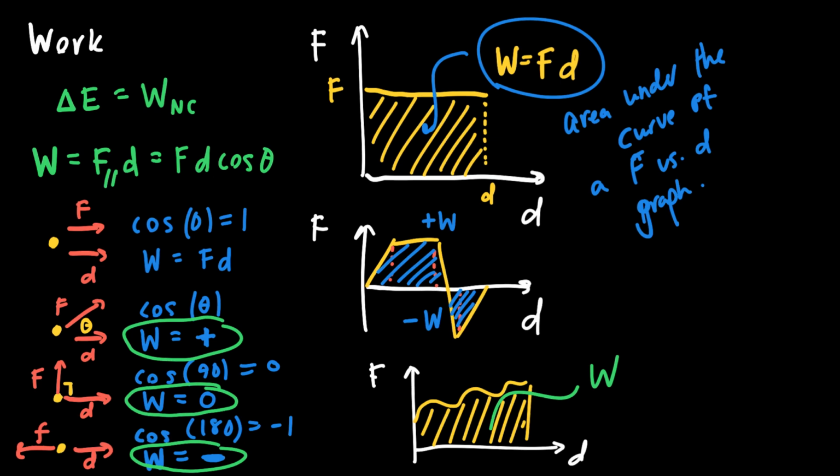For most of the problems that we've done so far, there are these constant, non-changing forces that act on an object, and we can use a free body diagram to understand what the forces are and then how much work was done on the object. But especially for cases where the forces are changing, it's useful to use a force versus position graph to find the work that was done on an object.